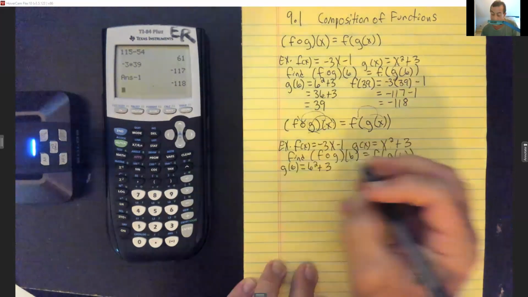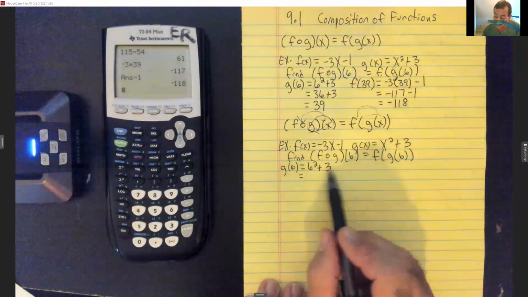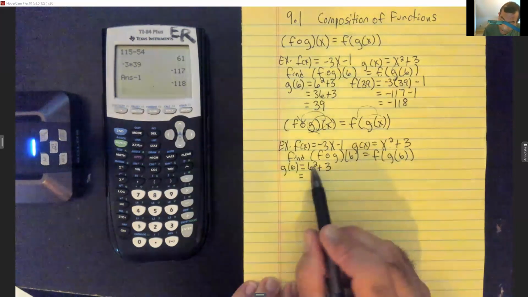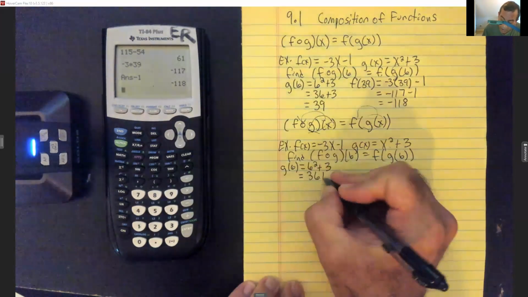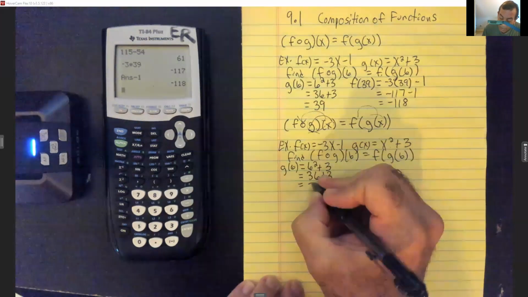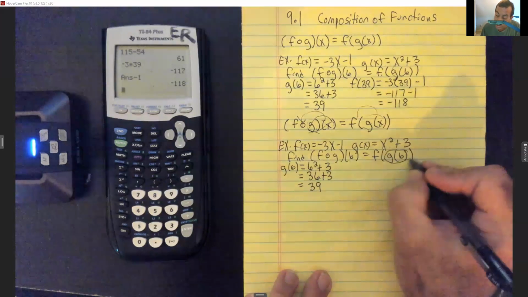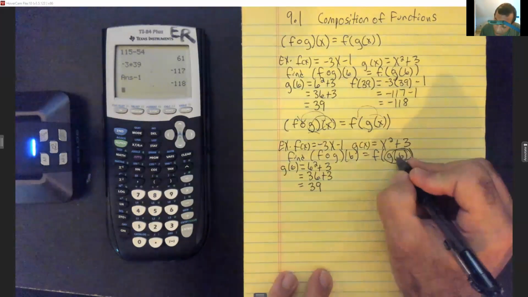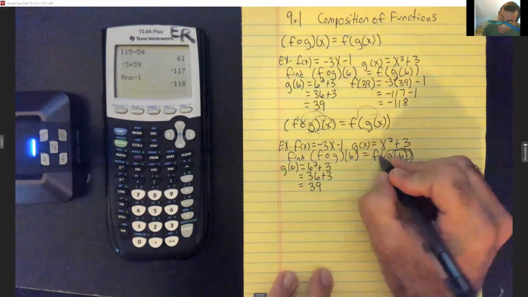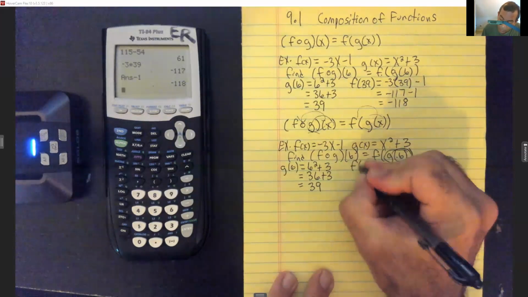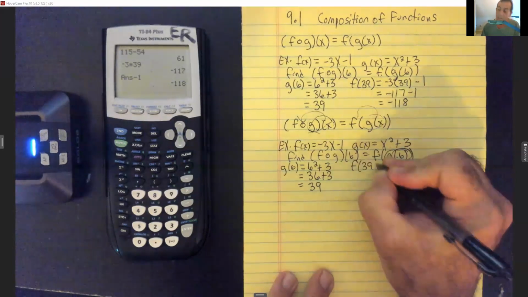And then I work order of operations. 6 times 6 is 36 plus 3, and 36 plus 3 gave me 39. Since g of 6 gave me 39, I now take the 39 and put that into the f equation. So we're going to find f of 39.